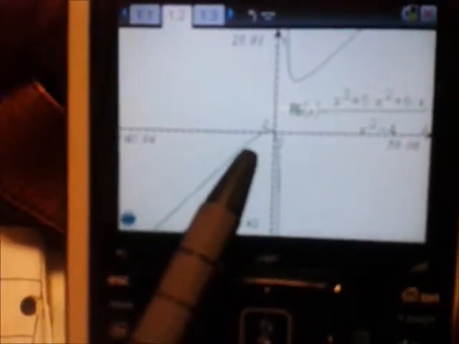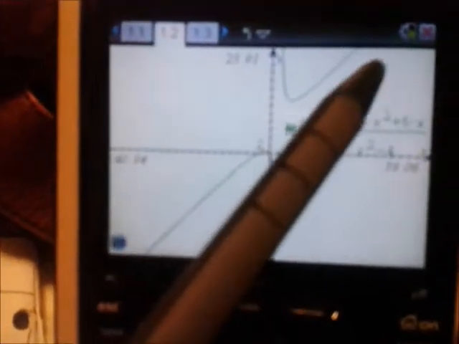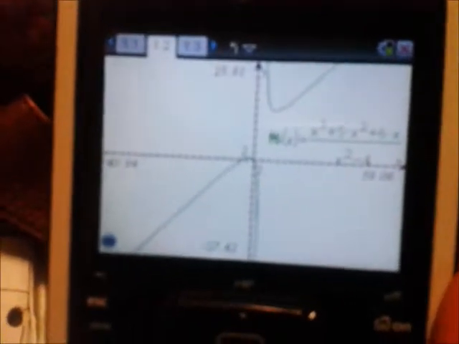I'm not really sure how your calculator works, so all I know is on mine it goes by 2s, and on the fifth one is probably where there should be a line going slanted in this direction. And as we see here, it says x equals 2, so there would be a line right here on this first dotted line, going up and down.